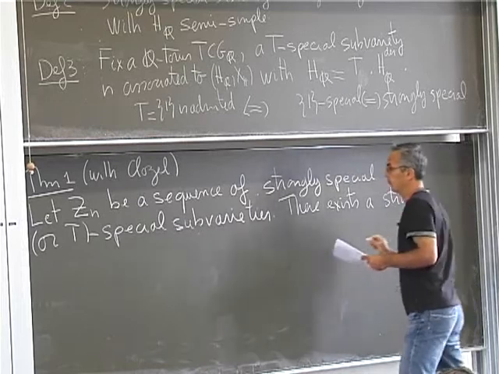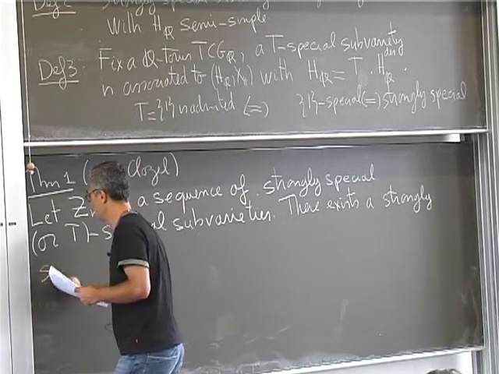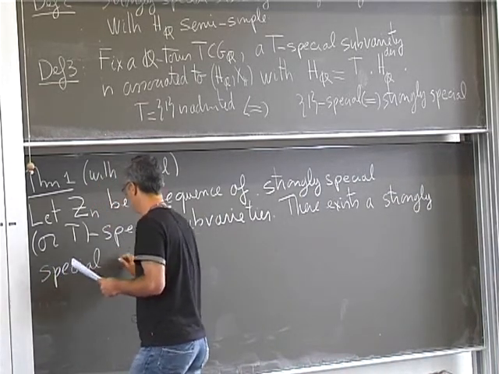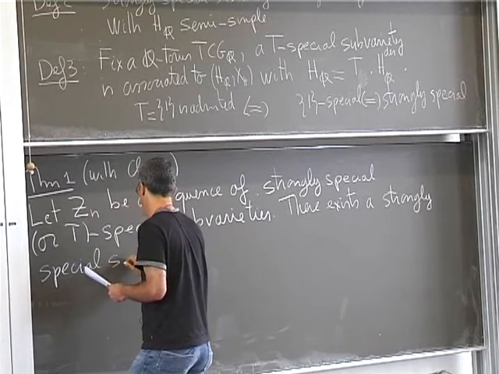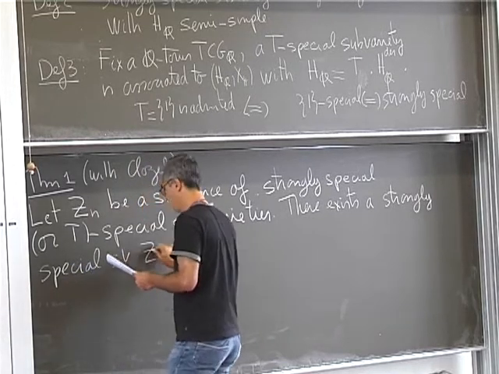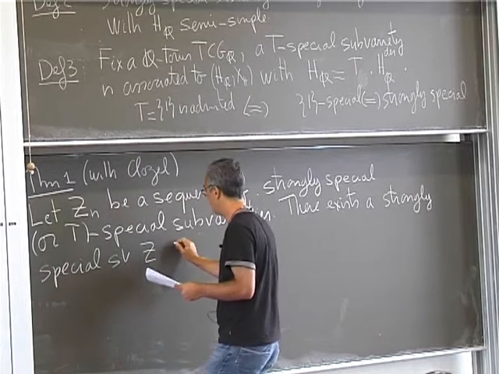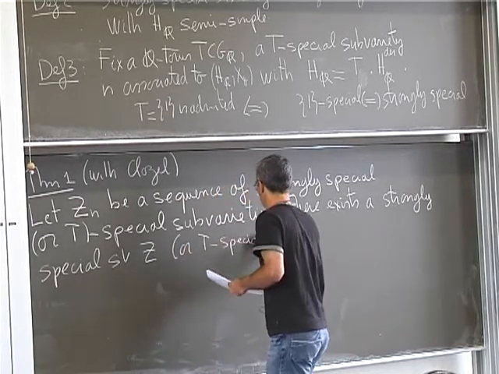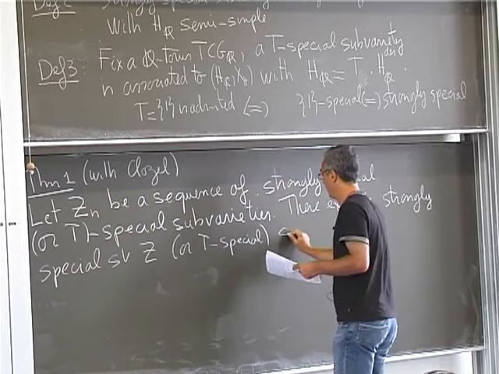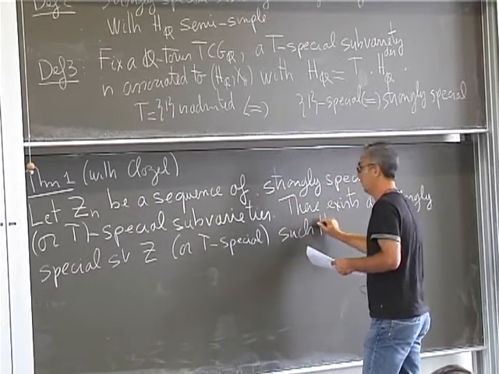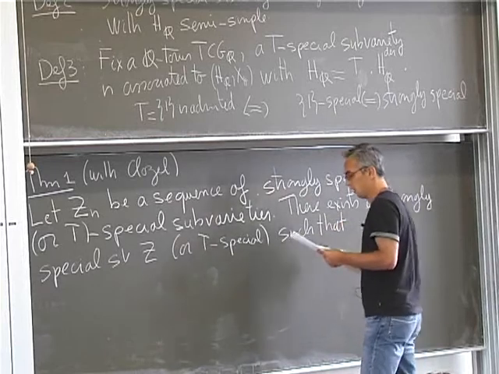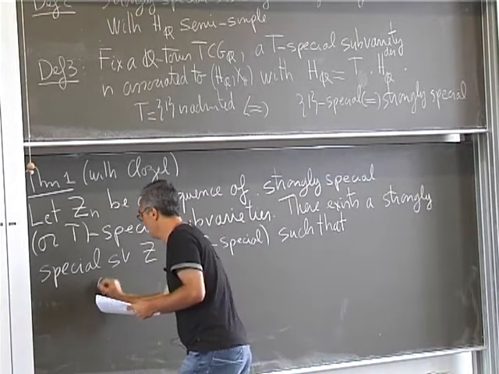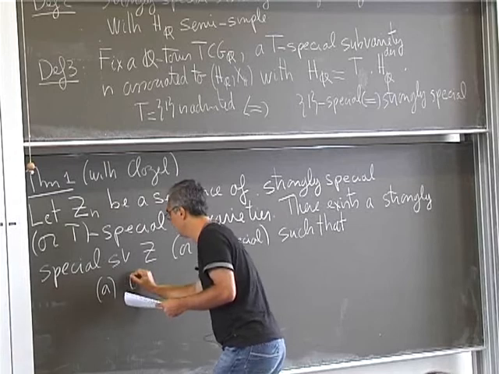strongly special subvariety Z or T-special such that you have the two following properties.